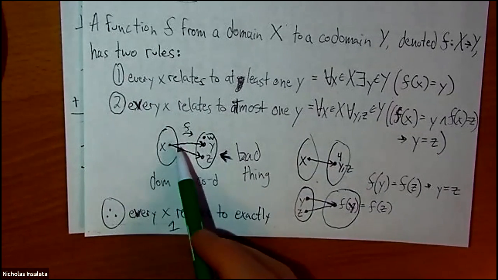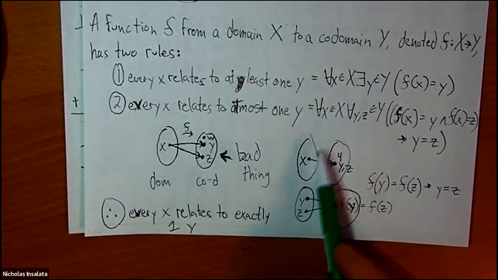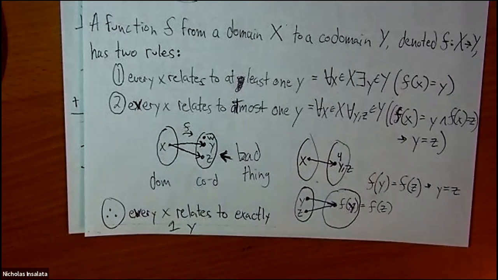In terms of our picture, what does that mean for our little function diagrams? What is that saying about how the arrows work? Good. Every x has exactly one arrow going out. You can't have anything with 2 arrows, and you can't have anything with 0 arrows coming out.